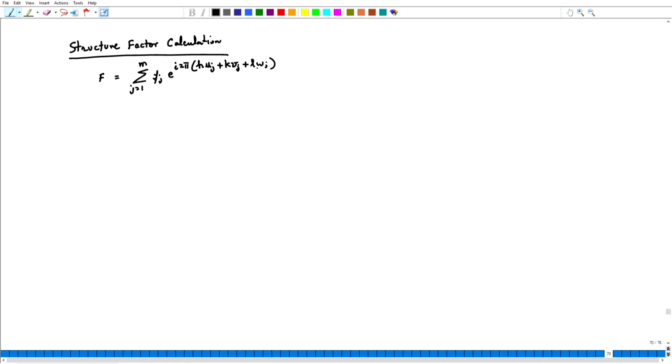In this equation, this is the structure factor, this is the atomic scattering factor for the jth atom.